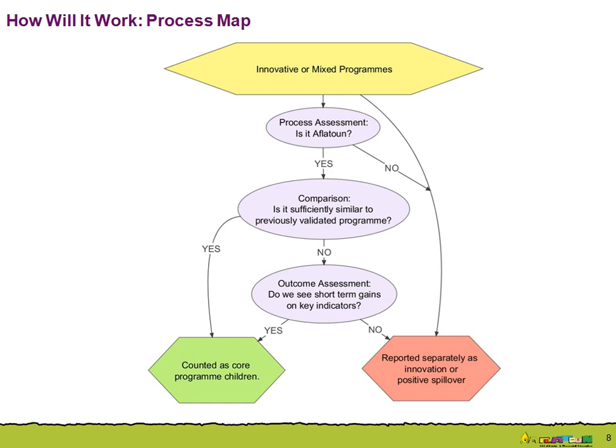After this outcome assessment is done, if it does show that there's positive movement on the key indicators for social and financial topics, then this again becomes a new type of program that's counted as a core program. If it does not show this movement, then it'll be reported separately, maybe as some sort of innovation or spillover, or perhaps as a program that requires further refinement and additional research.